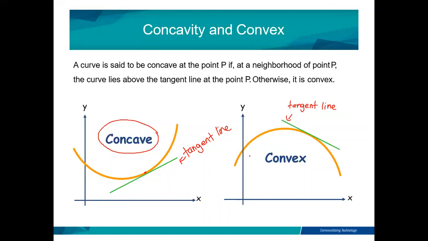So how to remember? I recommend that you memorize only one, either concave or convex. You can choose which one you prefer, which one you are comfortable with. For me, I remember concave. Concave means the curve is above the tangent line, so concave is a minimum point.